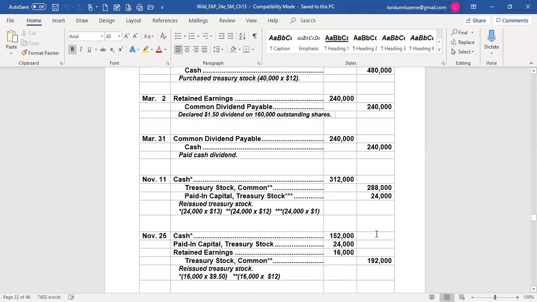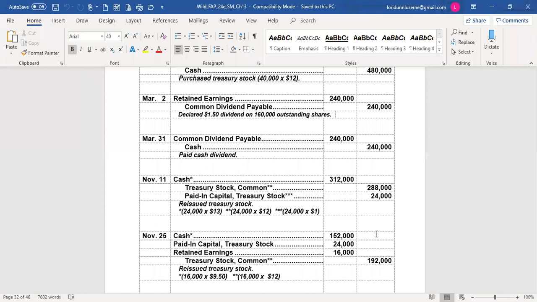December 1st, the directors declared a $2.50 per share cash dividend payable on January 2nd to the December 10th stockholders of record. Now remember something. March 2nd, we said, when we're getting ready to look at that dividend, we're holding some treasury stock.